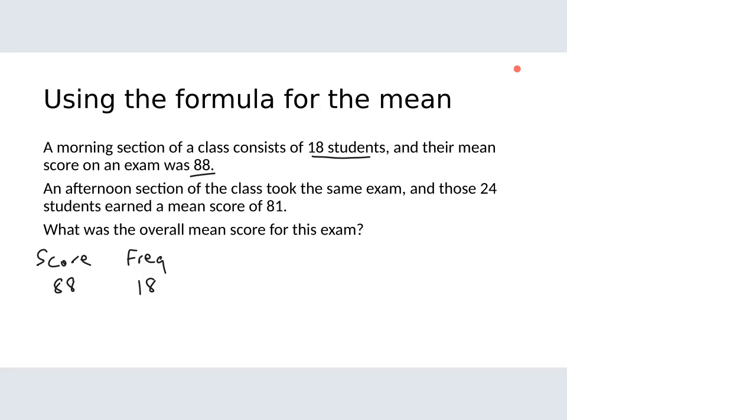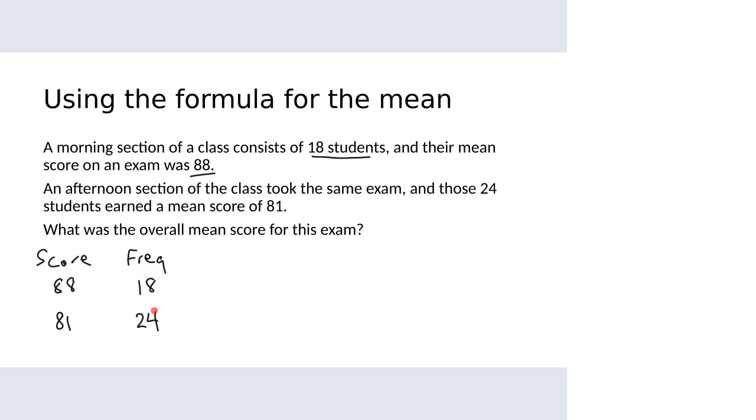And so in this calculation, looking for the overall mean, I can just think in my head, okay, it's the same thing as if every one of them had gotten an 88. And then we have this mean score of 81, and the frequency for that was 24 because 24 students earned that score.